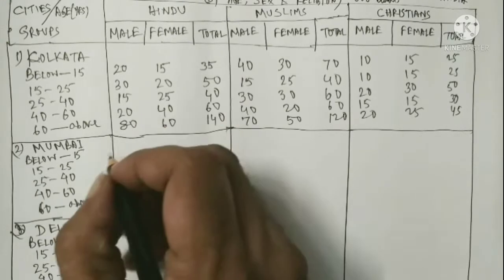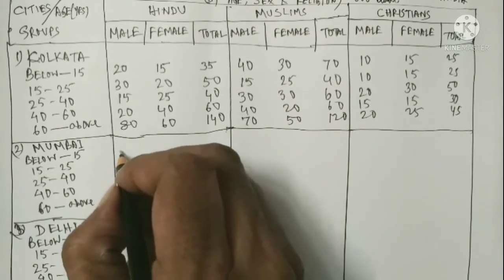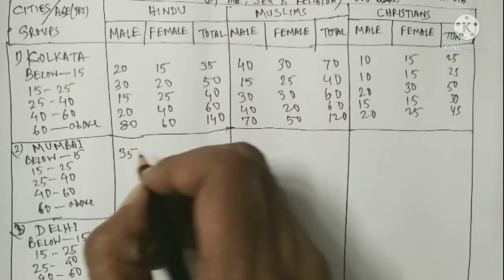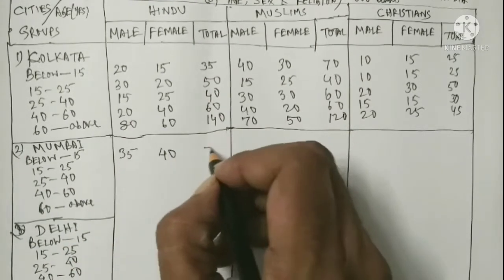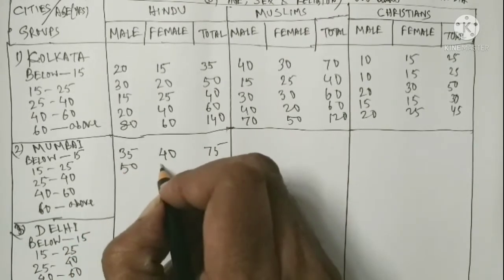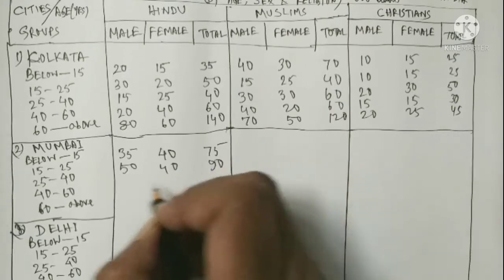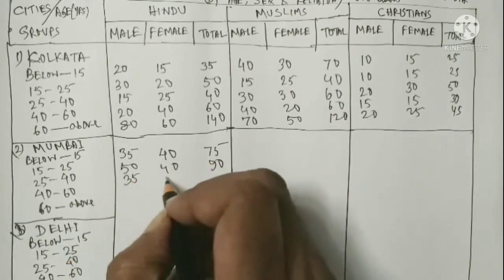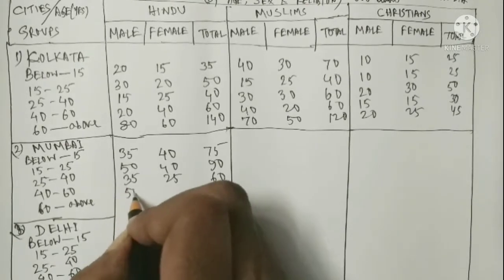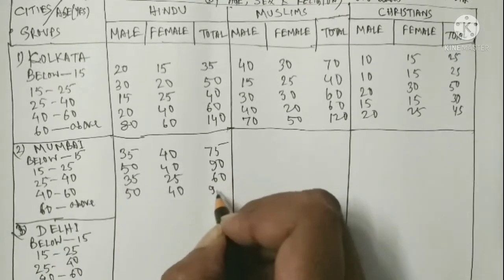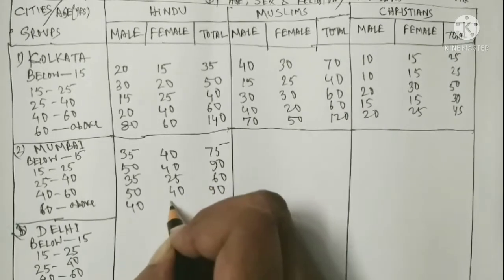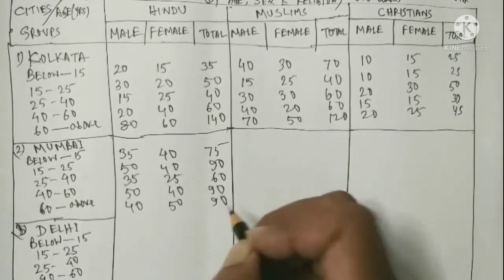In Mumbai also, we can put here, suppose 35, 40, 75, 50, 40, 90, 35, 25, 60, 50, 40, 90 and 40, 50, 90.